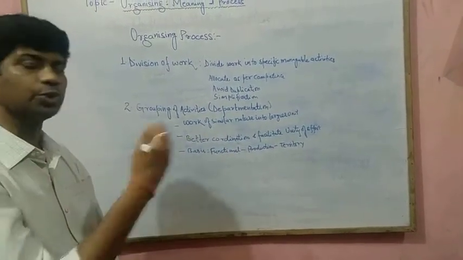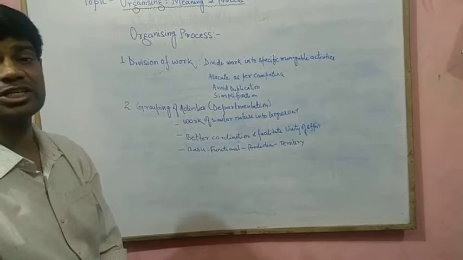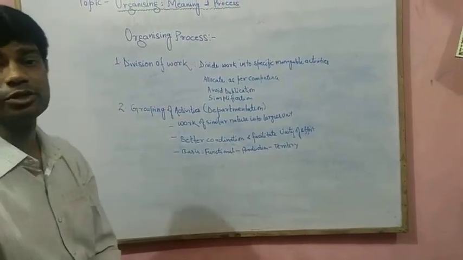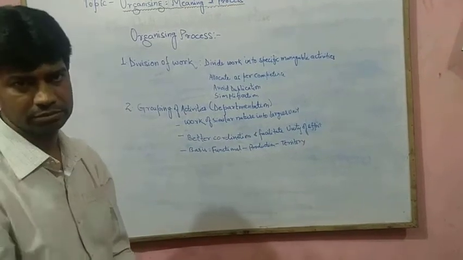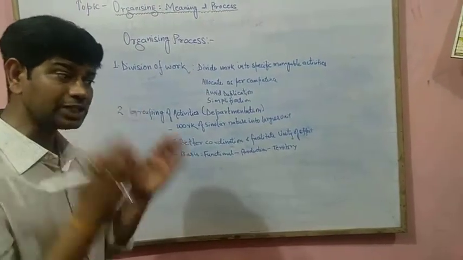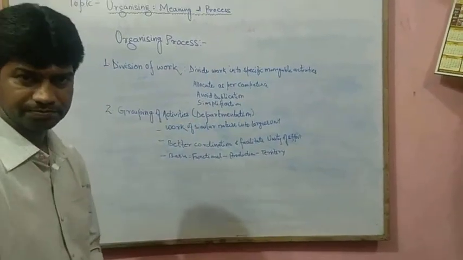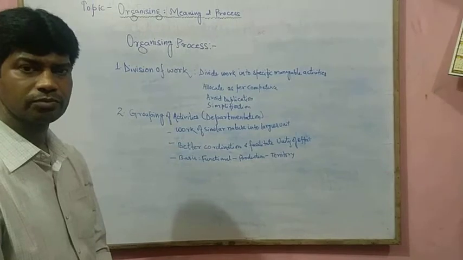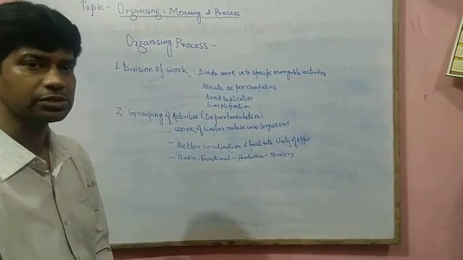So that leads to formation of department, or rather this grouping of activities can also be said to be departmentation, or it is a process where a specialized function is entrusted to different groups according to their competence.